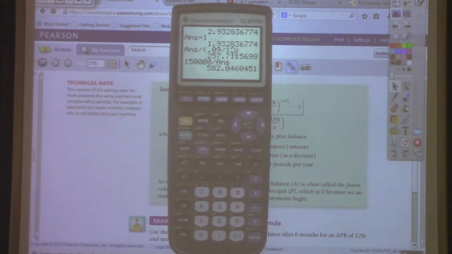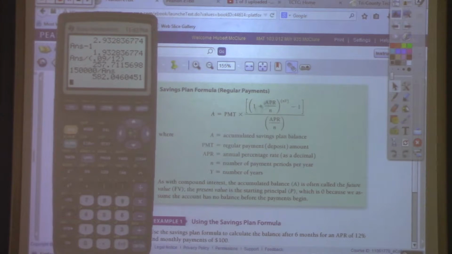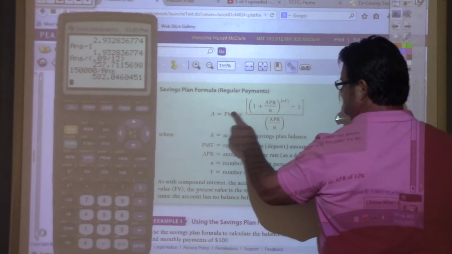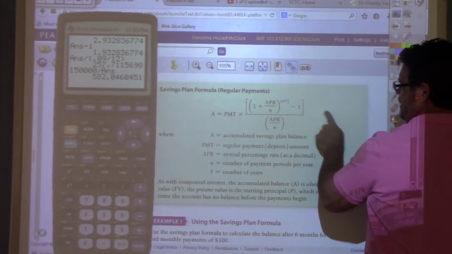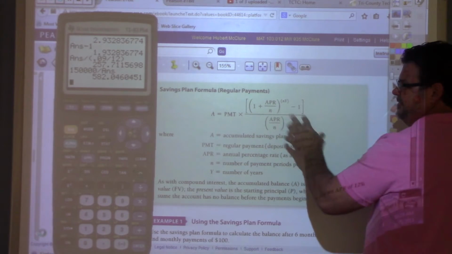Now, should you write this down with your compound interest formula as something very good to know in the real world? Yes. So you need to write that down. Now, the only thing I would do probably to make it a little bit easier is I would rewrite it, and I would take all of this and then multiply it by N over APR, and that way it's not as yucky.